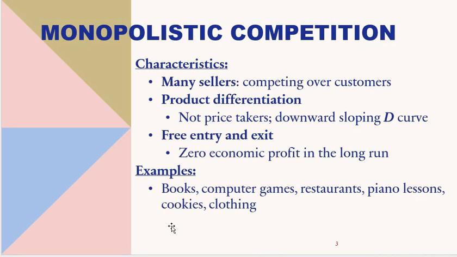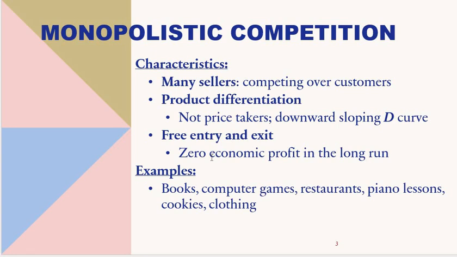Okay, so to start, we first need to learn about what the characteristics of a monopolistic competition market are, right? How do we determine whether, say, the market you chose for your project is a monopolistic competition market or not?